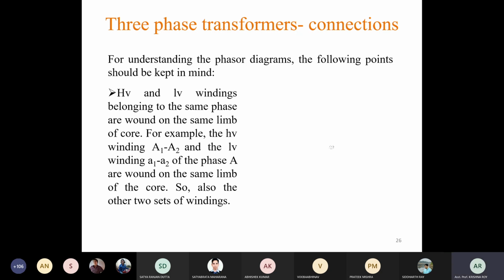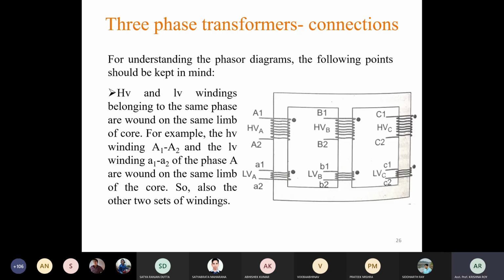Let us see here in this diagram, consider one leg. Here the high voltage winding and the low voltage winding belong to the same phase.